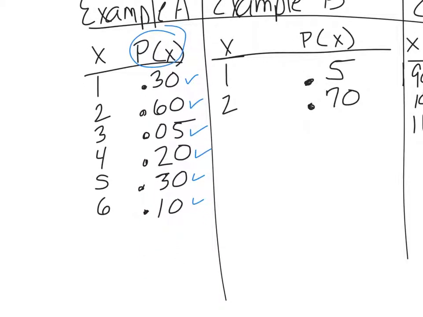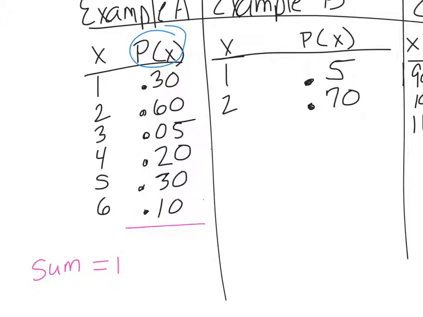So besides the fact that they need to be between 0 and 1, the second thing that needs to happen is that their sum must equal 1. So if you add all the individual probabilities together, their sum should be 1. Otherwise, that's not the sum of all the different things that could happen.